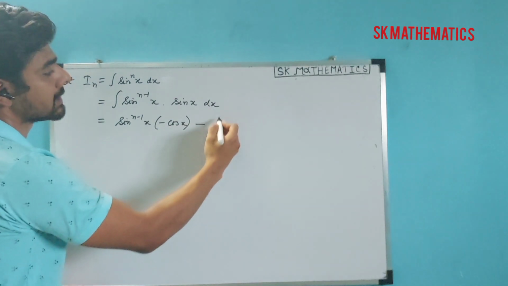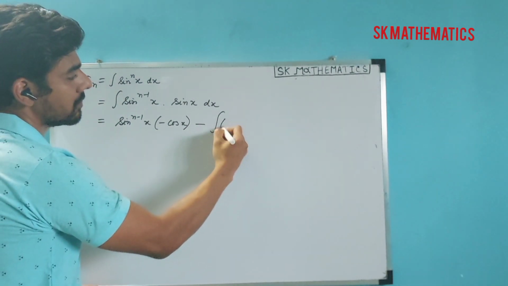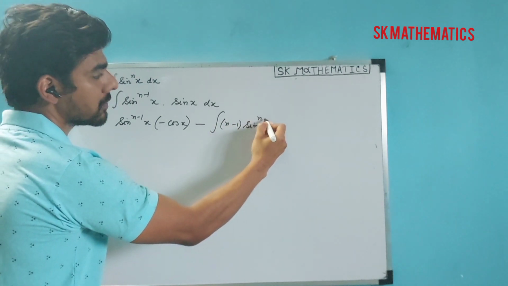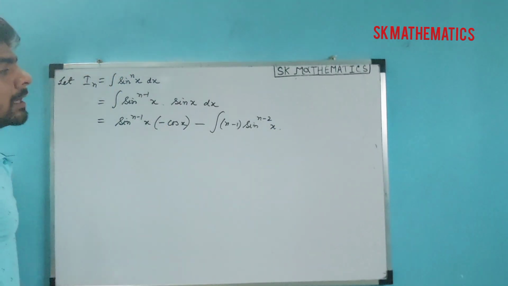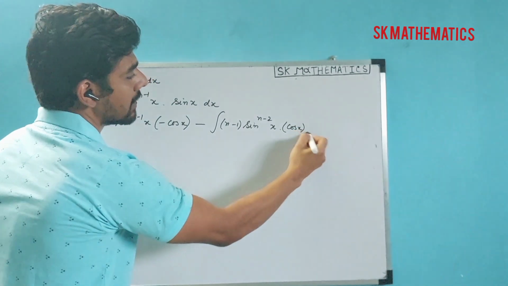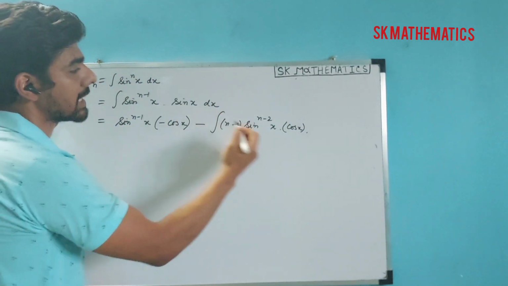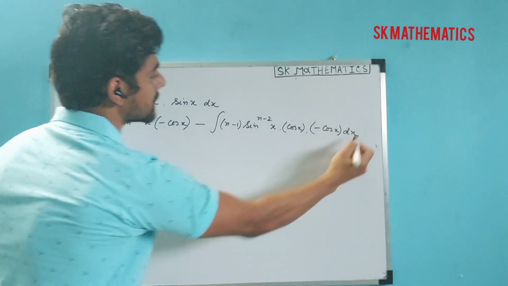Now minus the integration of the derivative of sin^(n-1) x, so we will get (n-1) into sin^(n-1-1) x, that means sin^(n-2) x, and the derivative of sin x gives cos x. For the next part we integrate the v part, that means sin x, so we will get minus cos x dx.